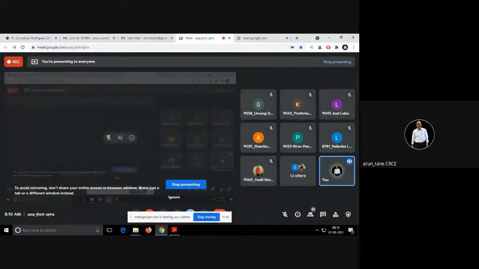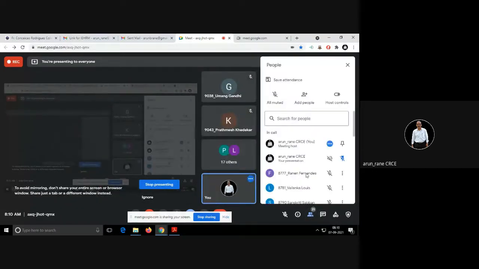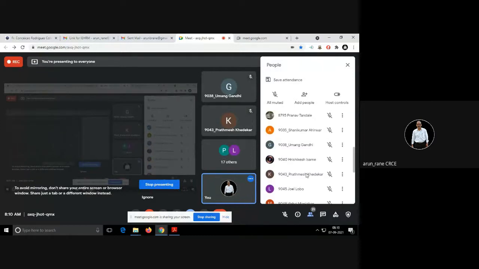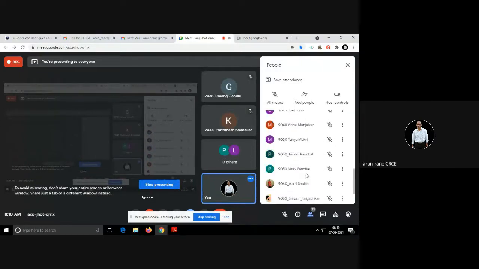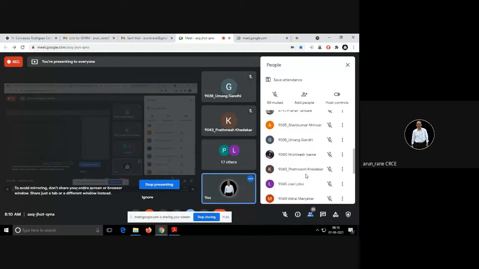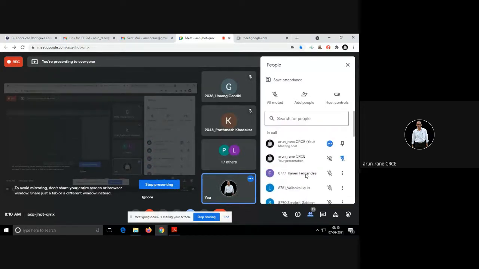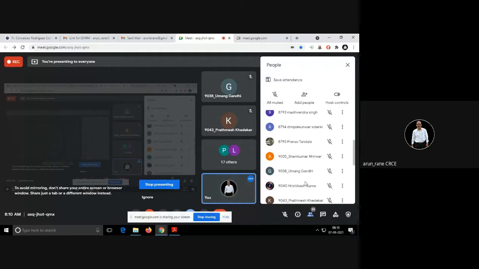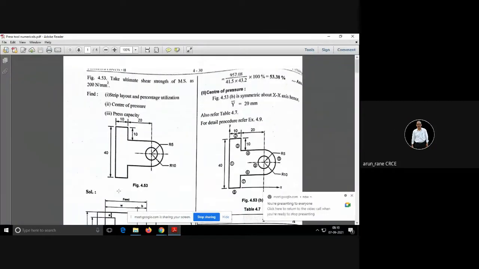Now who can tell me the dimensions? Hasnan, are you there? No. Okay, Umang, can you read the dimensions of this component?